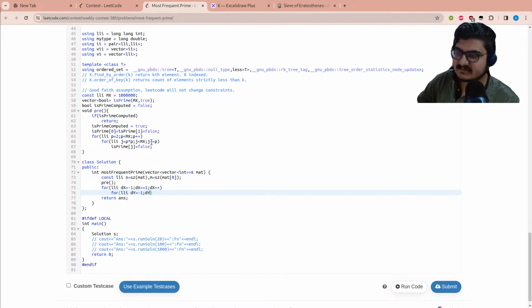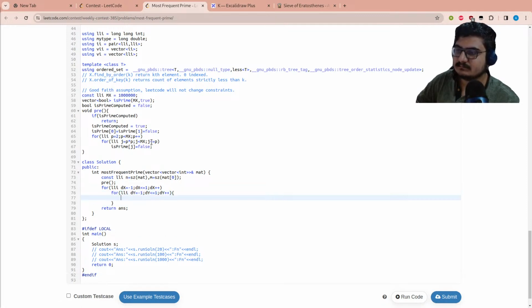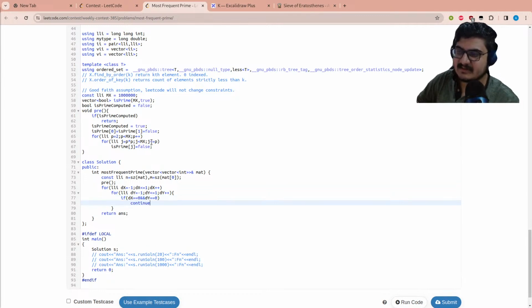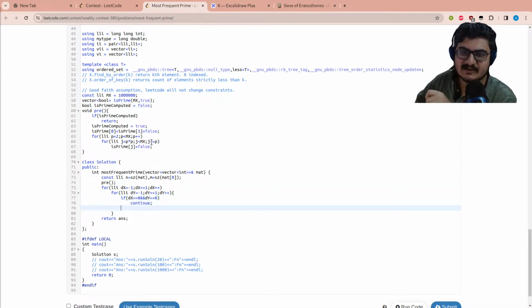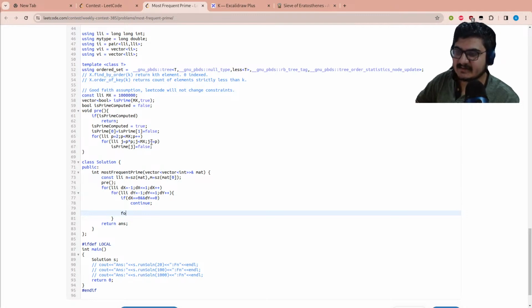We also fix the direction. If both the numbers are 0, that's an invalid direction because you would be stuck in the same place. Now we also brute force on all the starting indexes.